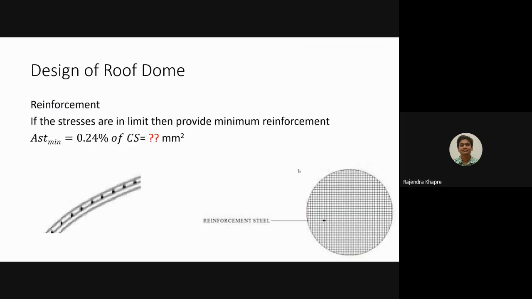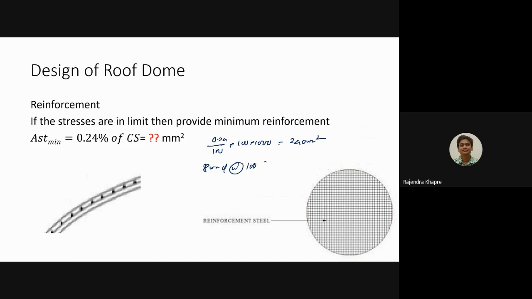So the steel. We are providing the minimum Ast, that is 0.24% of the cross section area. The cross section area is 100 into 1000, so this comes out to be 240 square millimeters. Okay, so 8 dia bar at the rate, what spacing will it come to? 209.